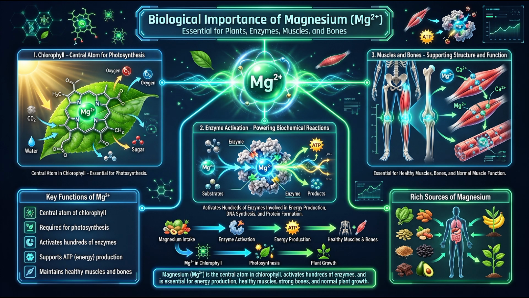Magnesium exists in living organisms as the magnesium ion, Mg²⁺, and performs numerous essential biological functions. It serves as the central atom of chlorophyll, making photosynthesis possible in plants.